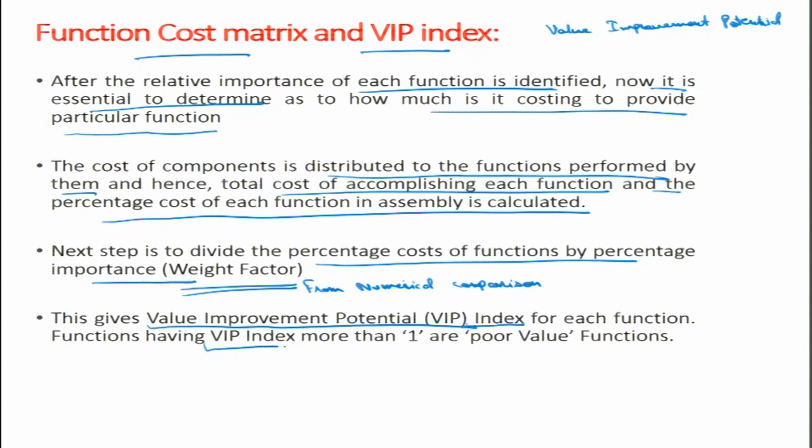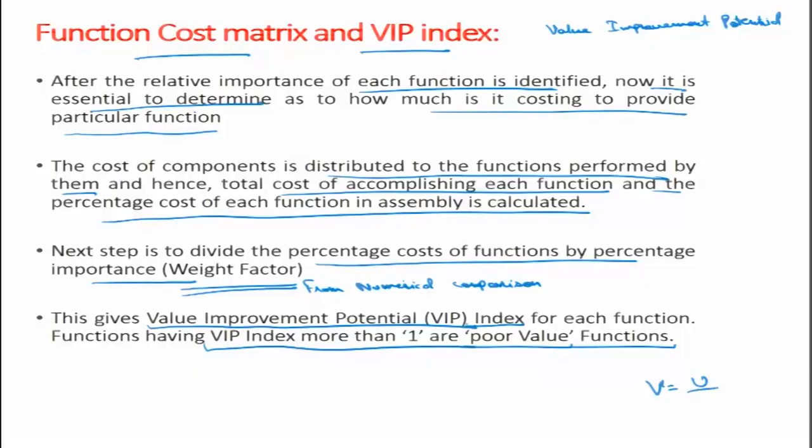Functions having VIP more than 1 are poor value functions. VIP means improvement potential. If improvement potential is more than 1, because this is the ratio of the cost to the importance. Value is actually importance or utility per unit cost, but VIP is proportional to 1 by V. Value is something separate.